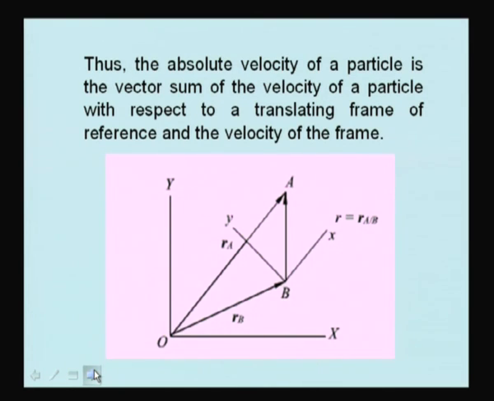Because the frame is attached at B, V_B can be called the velocity of the frame, and V_A/B can be called the velocity of particle A with respect to this translating frame which is attached at particle B. So we need not mention again that there is a particle B. Instead, we mention that there is a particle A whose velocity is measured with respect to a moving reference frame whose origin is indicated by B. B may be a physical particle or may not be a particle.